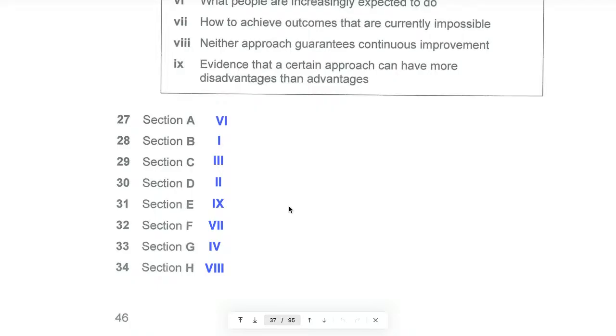Okay. Read that aloud. Neither approach guarantees continuous improvement. Yeah. Neither approach guarantees continuous improvement. Please explain this. I think no way to approach ensure the rapidly improve.